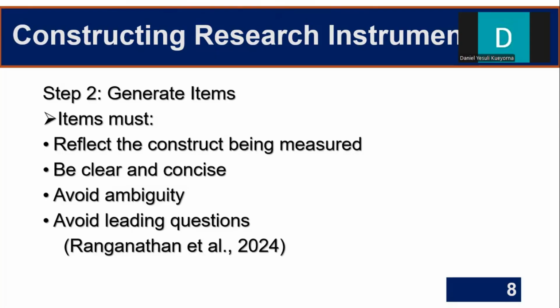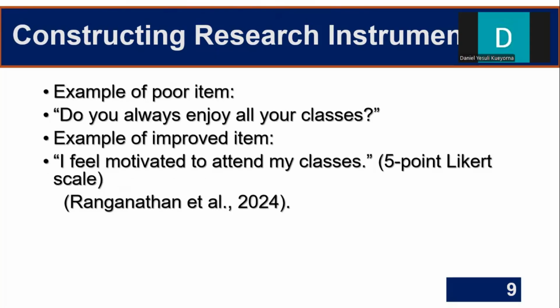It should be understandable, and it should avoid leading questions. Now, an example of a poor item: Do you always enjoy all your classes? This is in a poor state. So let's look at how to improve this same statement: I feel motivated to attend my classes. This is a very improved one that can be used to achieve a good result.